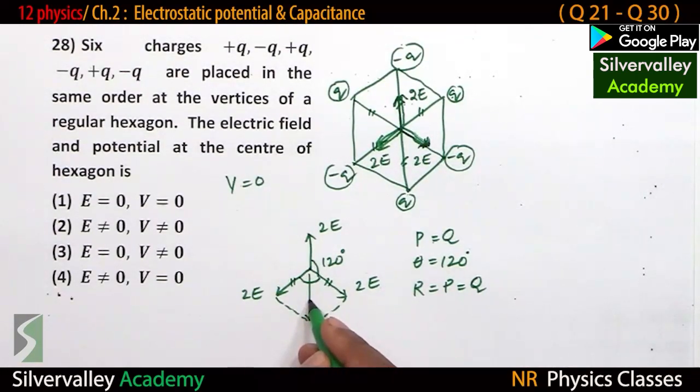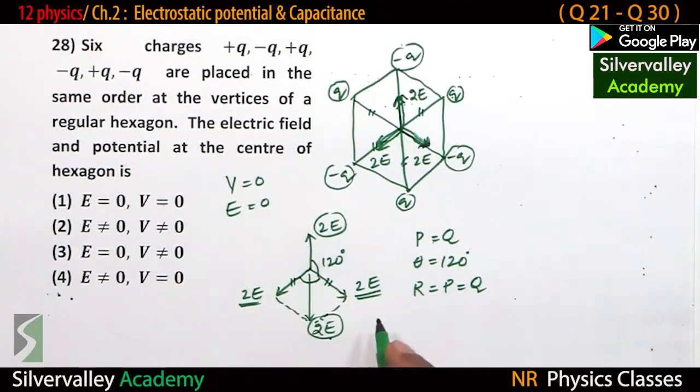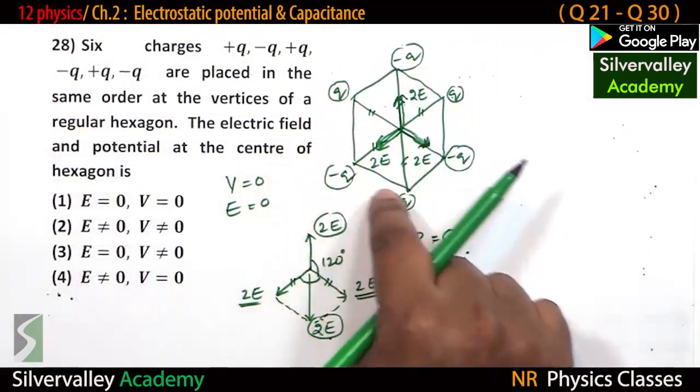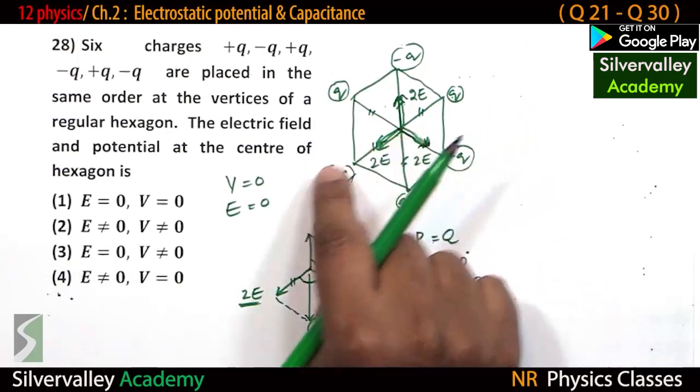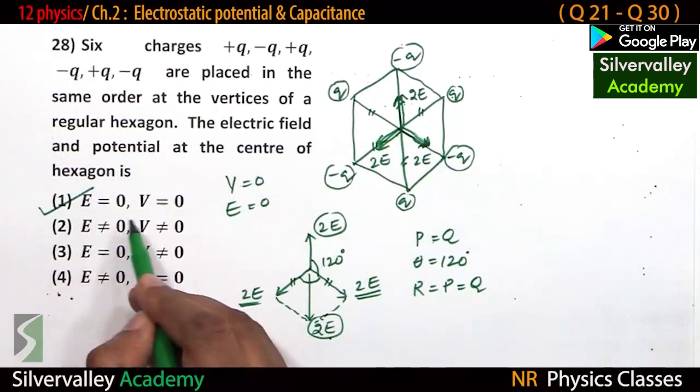So resultant is also equal to 2E. Because of these two, this is the resultant, and these two are in opposite directions, therefore electric field is also 0. Because of these charges, electric field at the center is 0. Potential is already 0, electric field is also 0.